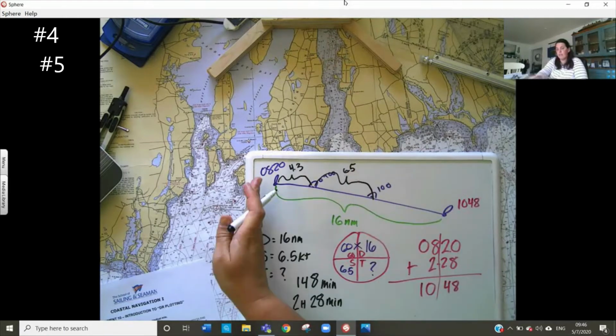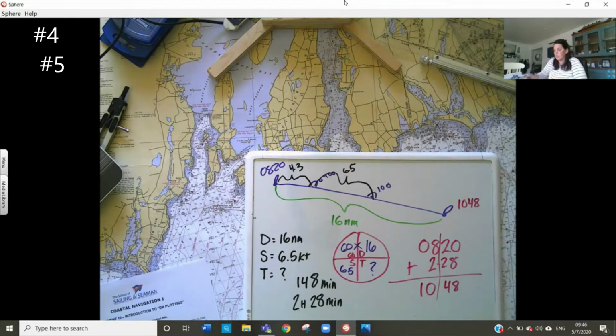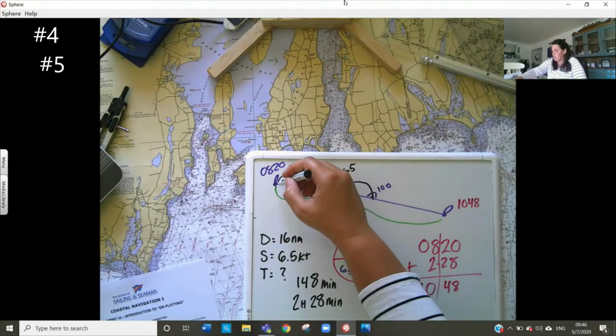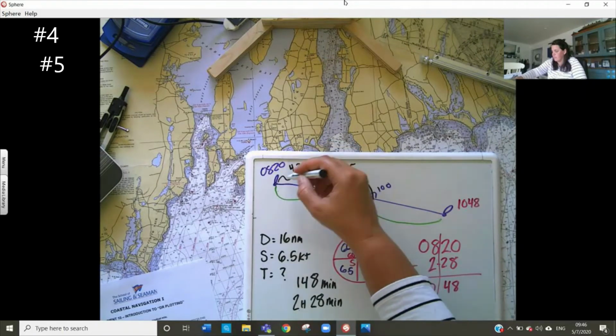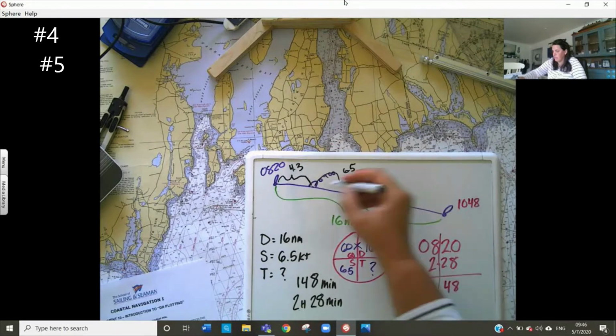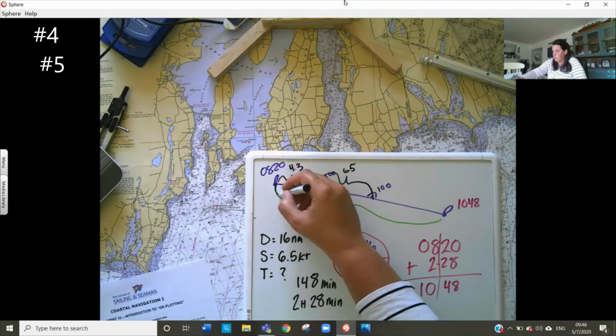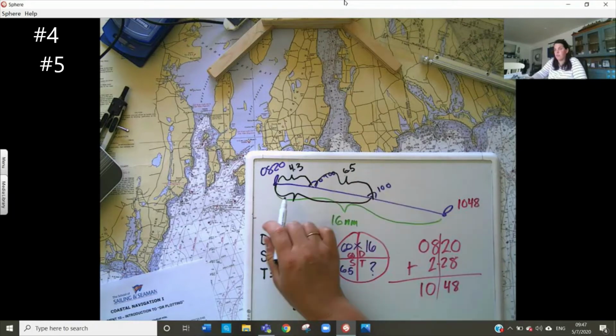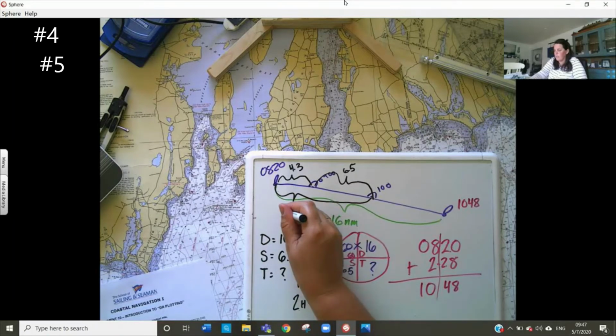But from 8.2, we can add up those two numbers to say our total distance from, how am I going to draw this? From 4.3 to 6.5 would be 10.8.